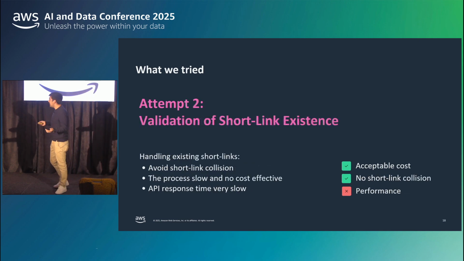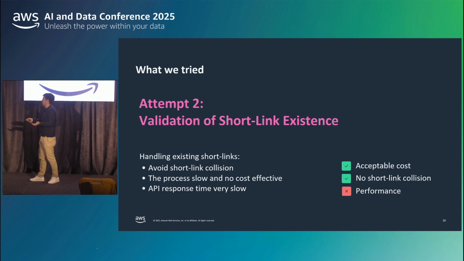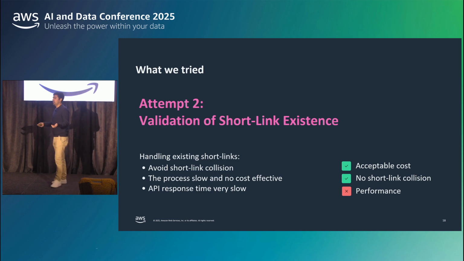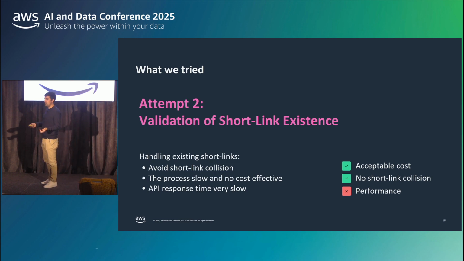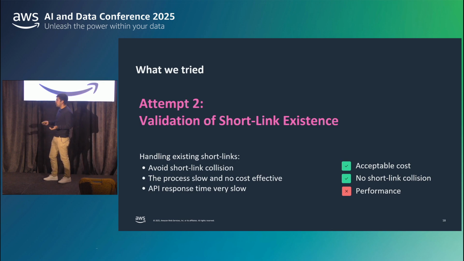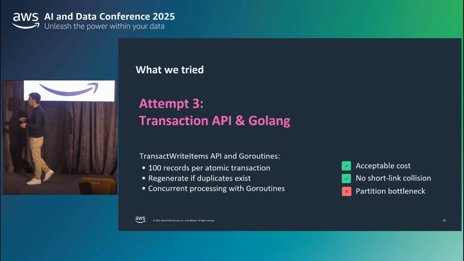The second way for us was, okay, simple: we can just check if the link exists in the database and fix it, but that's too slow and expensive. So we started to think about how we can manage this, because we cannot ask the database quickly whether the link exists or not. So, ta-da! Transaction API and Golang.